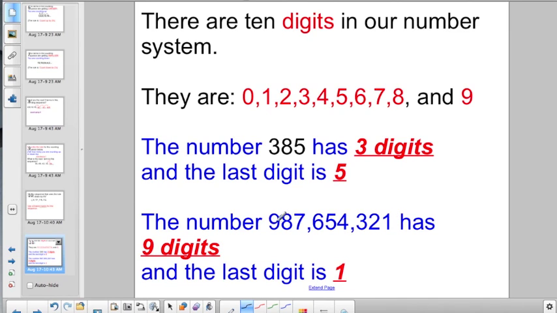If you don't believe me, count them. 1, 2, 3, 4, 5, 6, 7, 8, 9, right? The last digit is 1. What's the first digit? 9, right? Okay, so digit is just another word for numbers. They're the 10 numbers, the single numbers that make up every other number in our math system.